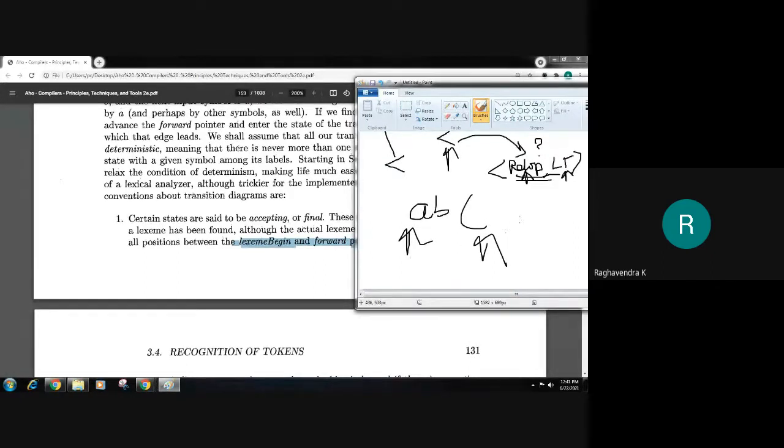When we are in an accepting state, we assume that whatever is in between lexeme begin and forward is the lexeme for which the token has to be written.